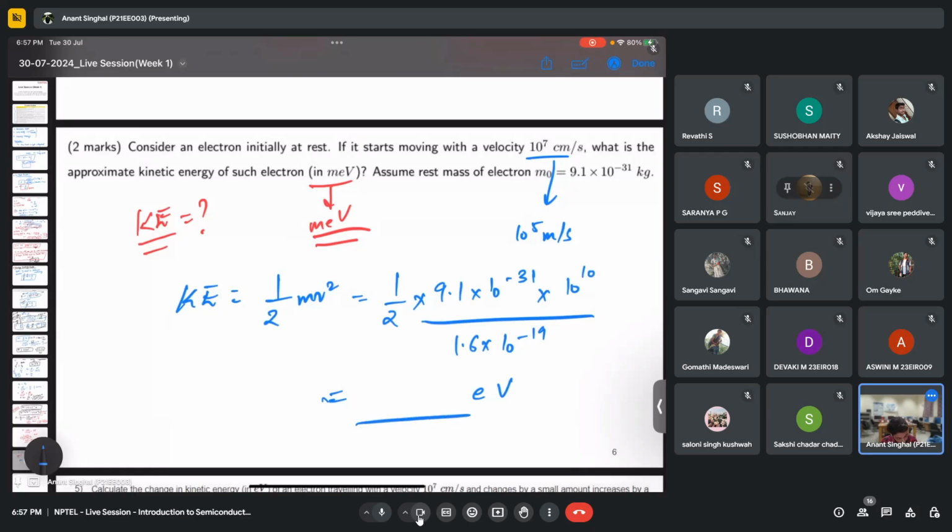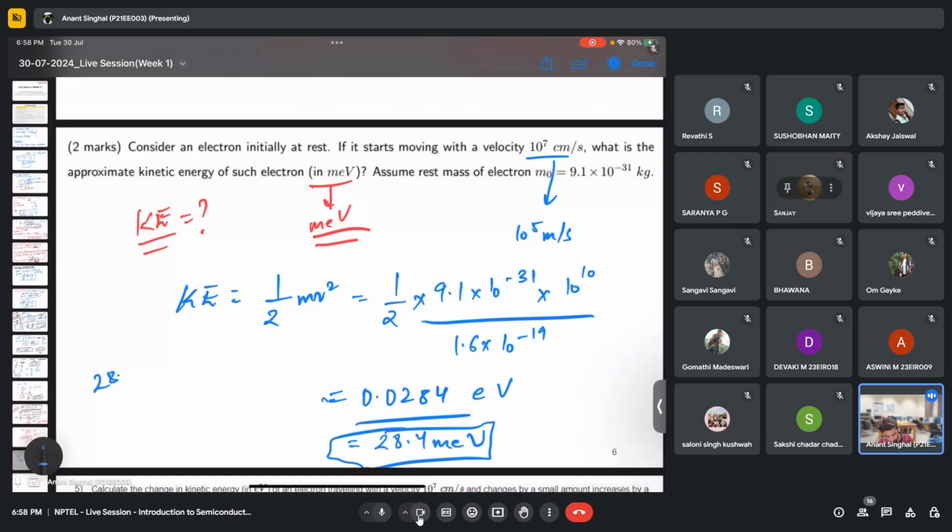Okay, so let me quickly solve this. I'm getting 0.84, which will give me 28.4 milli electron volts.